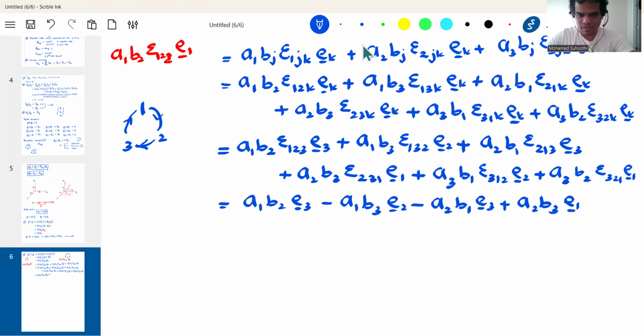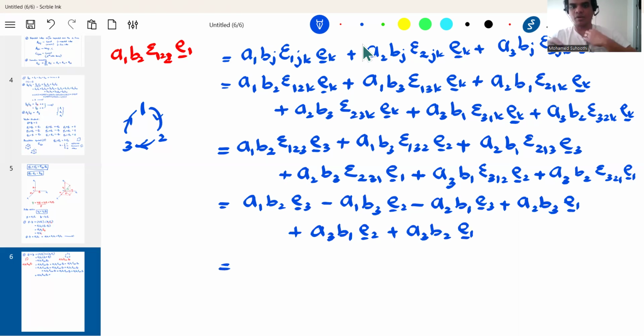Okay, this term, right? Plus. So now I will write this term, right? 3, 1, 2. 3, 1, 2 again the clockwise, therefore plus 1. A3, B1, E2. Okay, 3, 2, 1. 3, 2, 1 is minus 1. Therefore, A3, B2, E1.